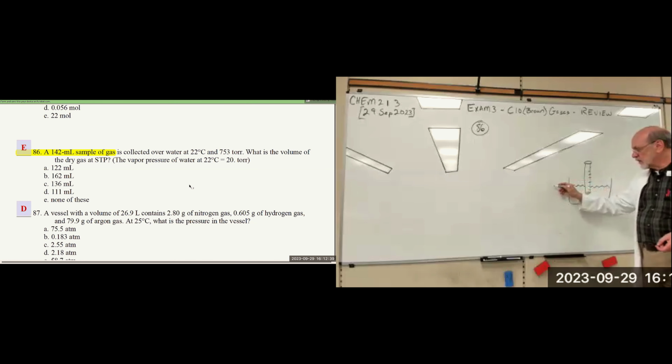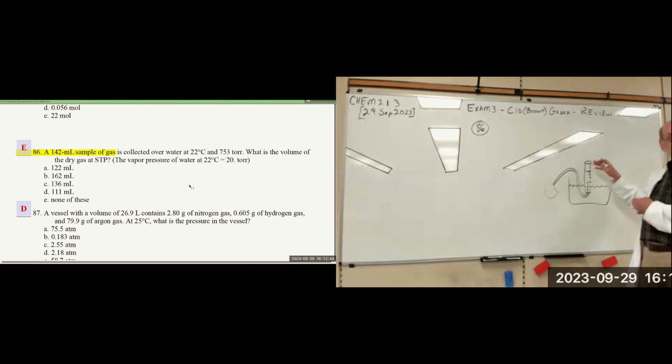So what we do is we have a reaction vessel over here, and the gas that's produced is bubbled in here, and it fills that space, and we can measure the volume of the gas under those conditions.